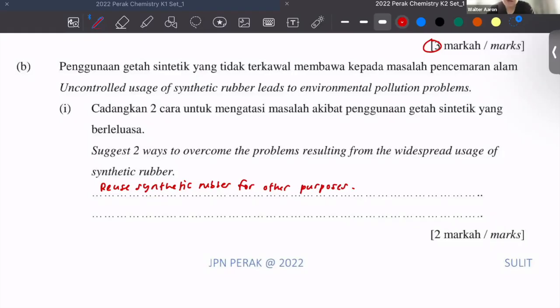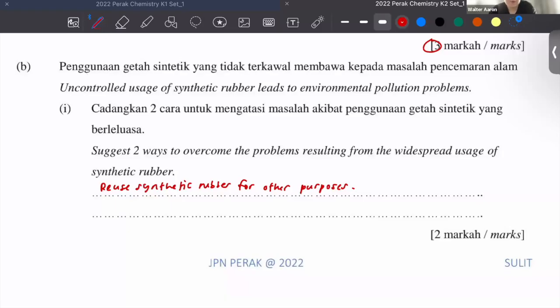Car tires can be reused as a flower pot, for example, you can plant things inside. Car tires can also be made into a swing, or used as a float. If you're creative enough, anything at all can be reused for different purposes. Even plastic bottles can be used in hydroponic systems, or to make pencil cases. Like I said, the limitation is only your imagination. The more creative you are, the more likely you'll find a use for it.